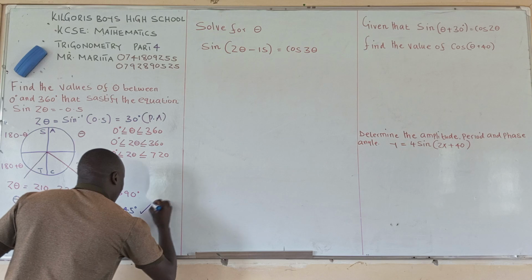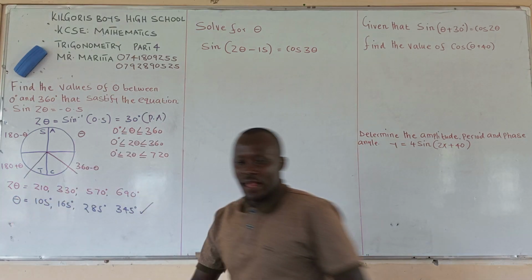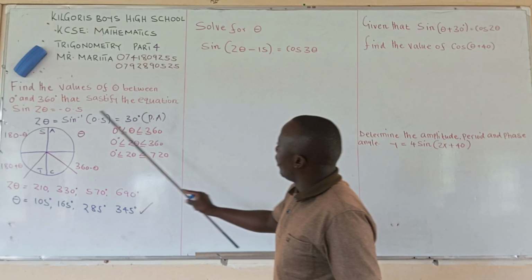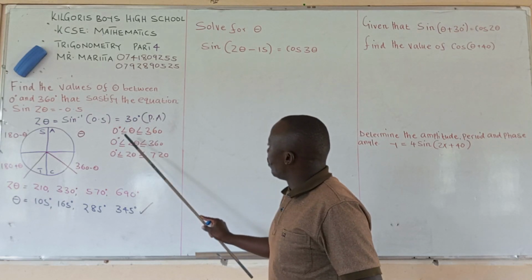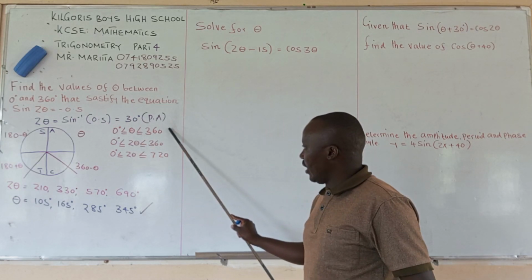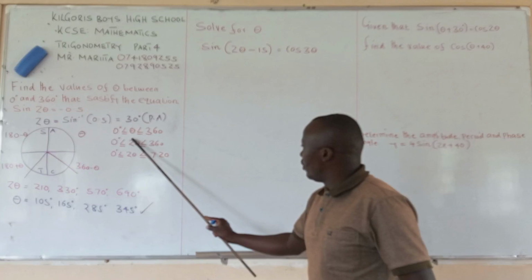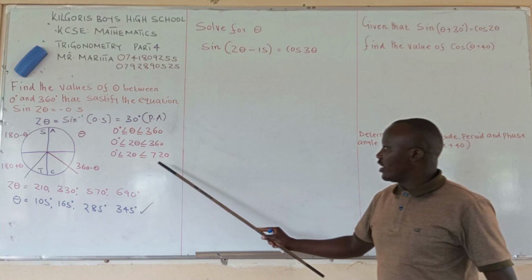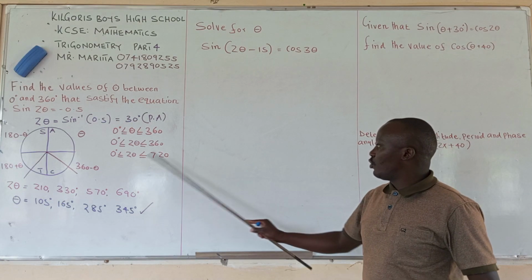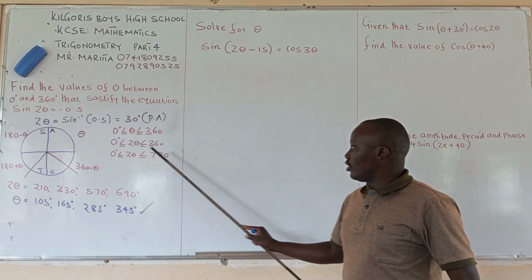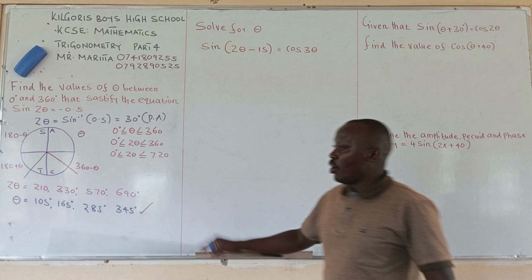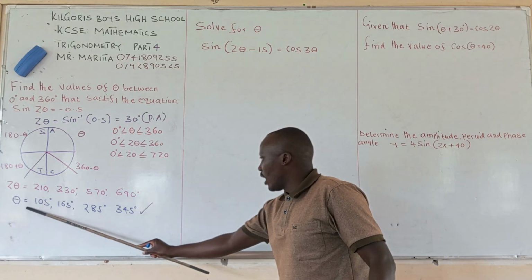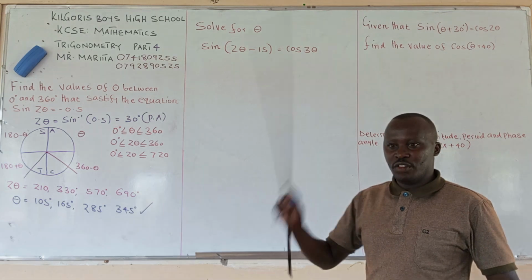All of these are the possible solutions of theta because our range was between 0 degrees and 360. But because of this 2 theta here, the range now changes, and the period changes to between 0 degrees and 720. Meaning we have to move into the second complete circle. So these are all the possible solutions of theta.